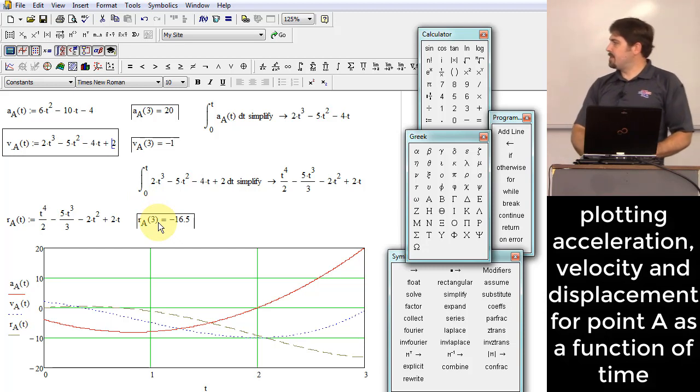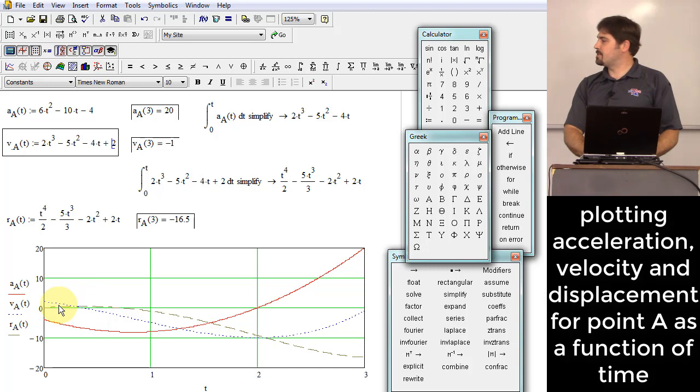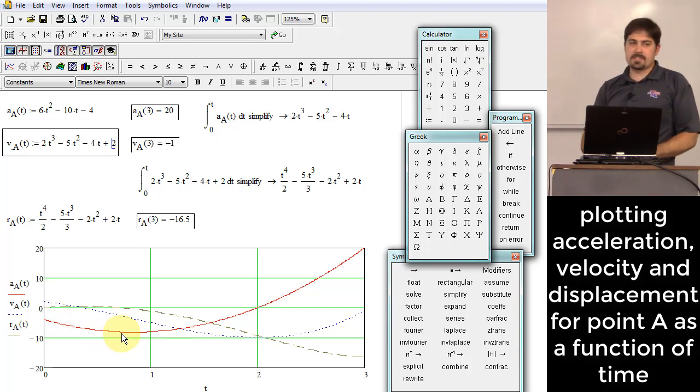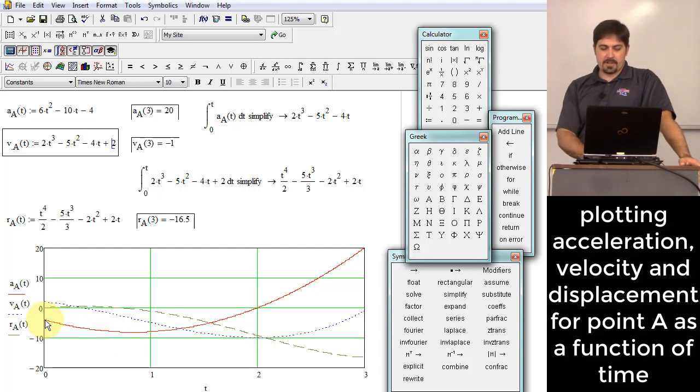You'll also notice, while I have these functions defined, I may as well plot them. The red curve right here is the acceleration between 0 and 3 seconds. It starts out negative and goes even more negative before it starts curving upward. Right around the 2-second mark, it crosses to positive acceleration.